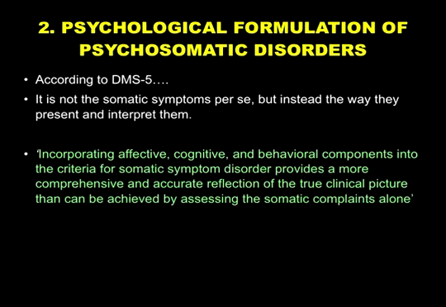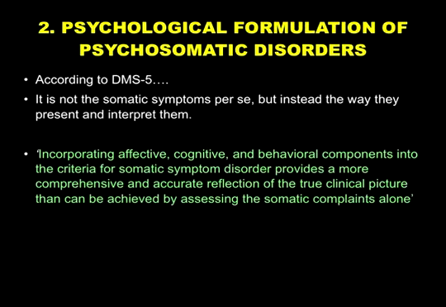Now, in the DSM-5, they say it's not the somatic symptoms that really matter, but instead the way they present and the way the patient interprets them. So you're going to have patients who might have the same symptoms. It doesn't matter. What matters is how this patient interprets them.